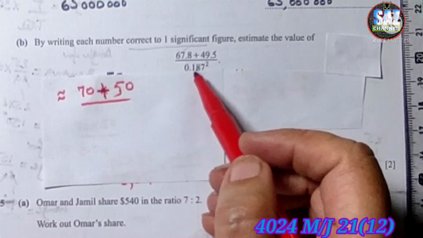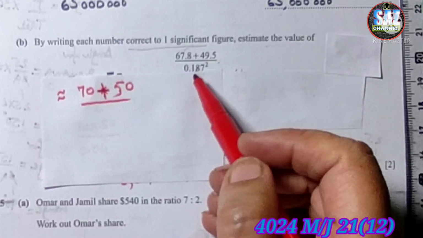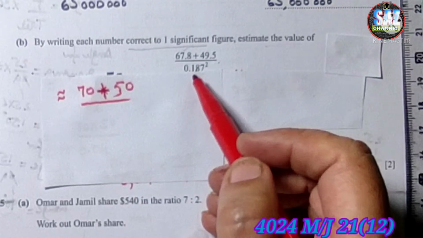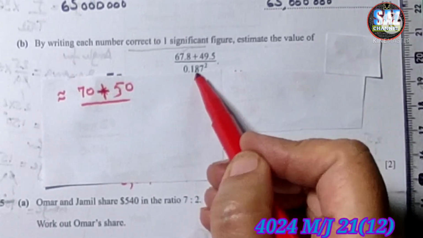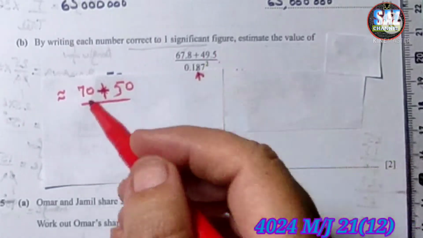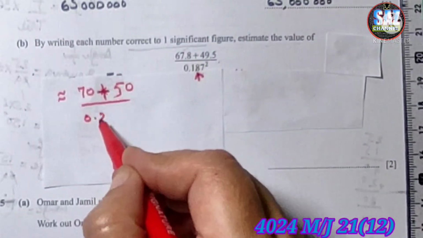As we need one significant figure, I will be focusing my attention on the second digit, which is 8. So this will become 0.2 square.